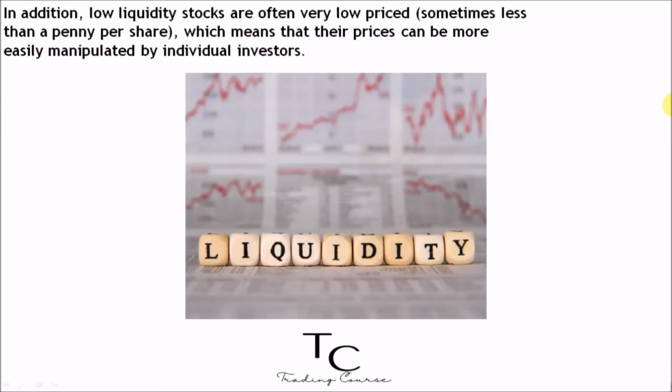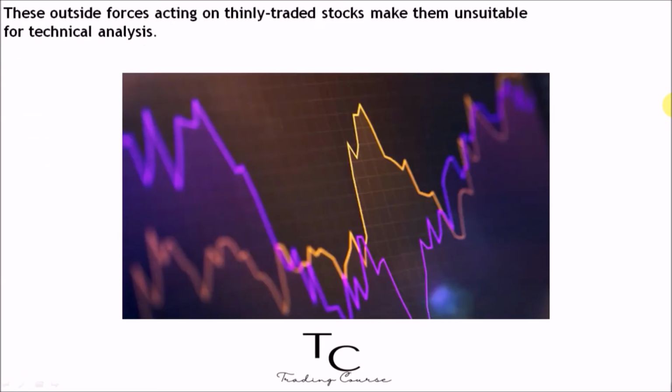In addition, low liquidity stocks are often very low priced, sometimes less than a penny per share, which means that their prices can be more easily manipulated by individual investors. These outside forces acting on thinly traded stocks make them unsuitable for technical analysis.